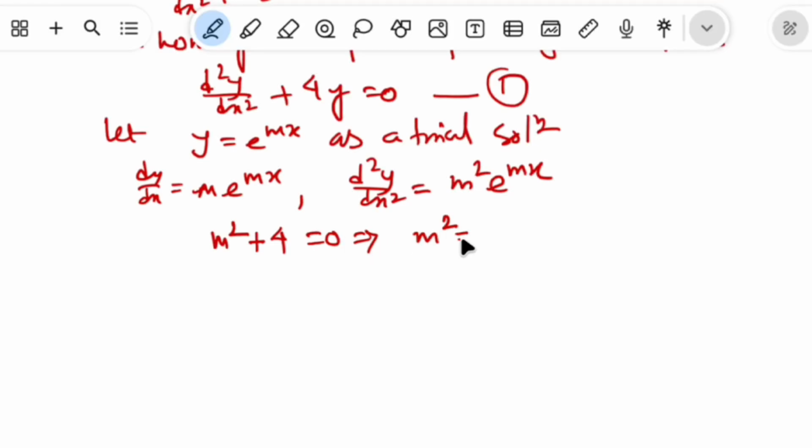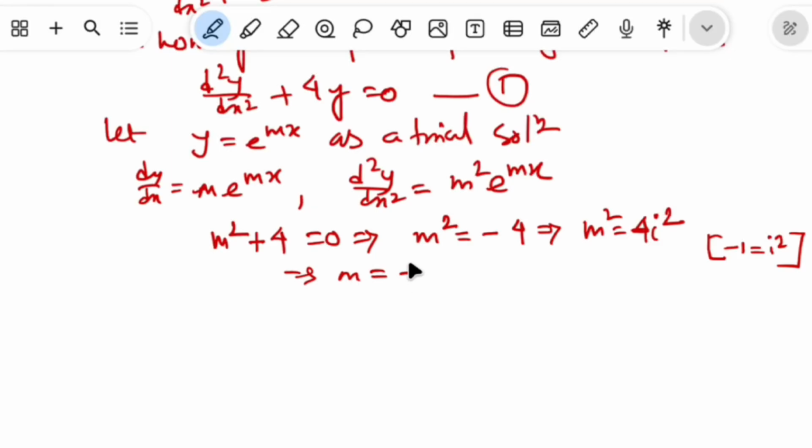From here we get m^2 = -4, that gives m^2 = 4i^2, as we know that -1 = i^2. So therefore m = ±2i.